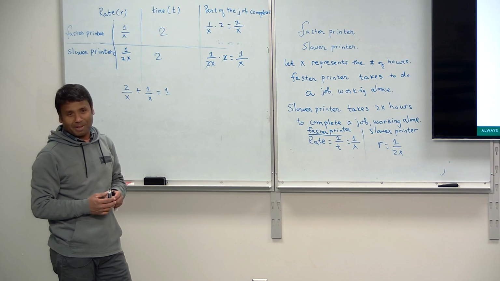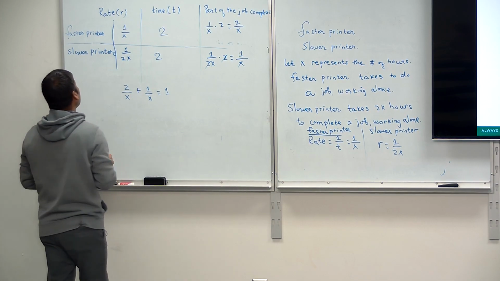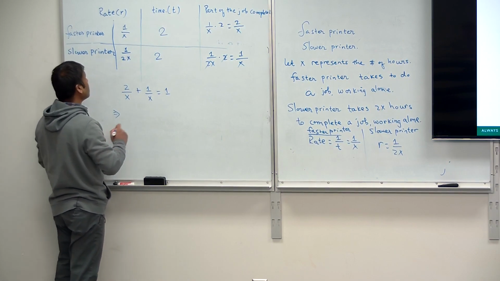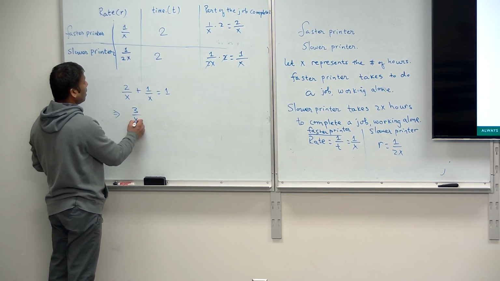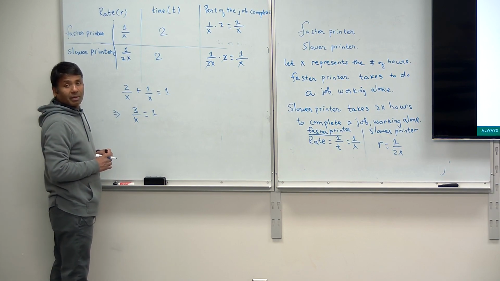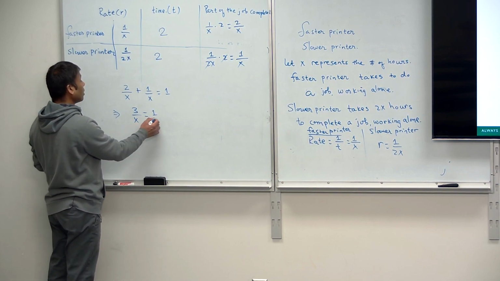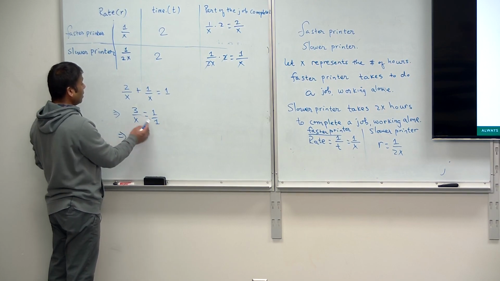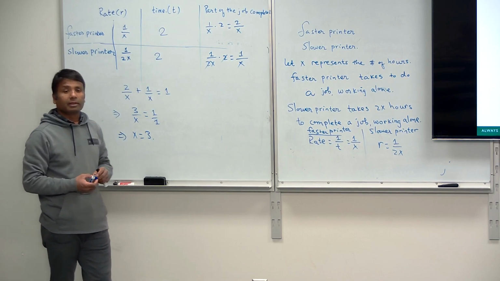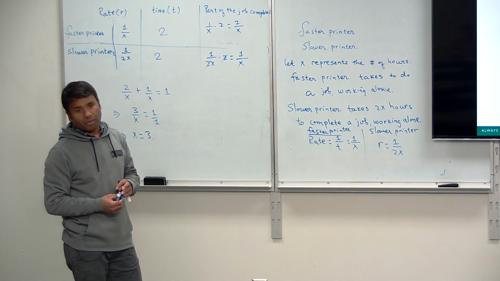You see what I'm talking about? Now they have the same common denominator. You can simply write this as 3 over x equal to 1. And then you do the cross multiplication, x equal to 3. So the value of x is 3.